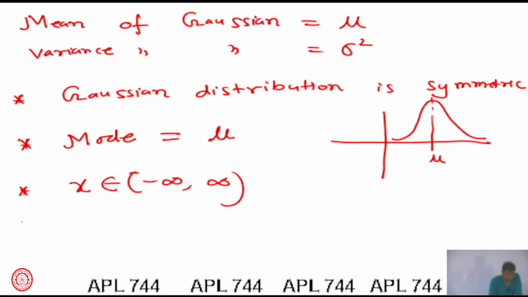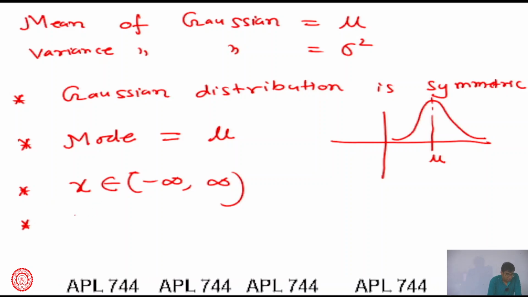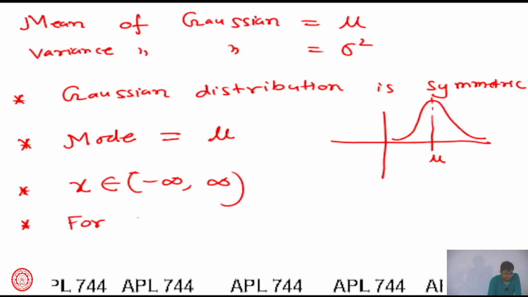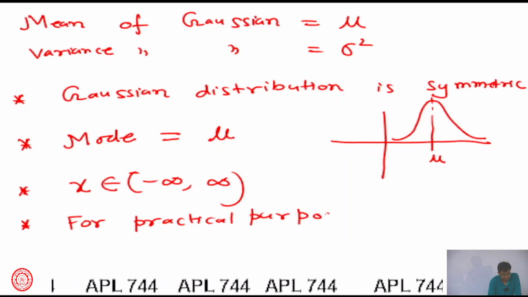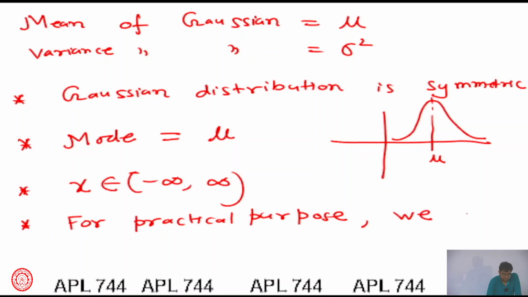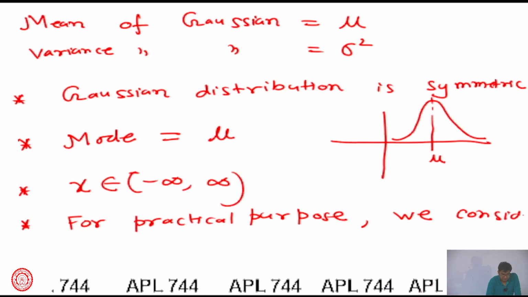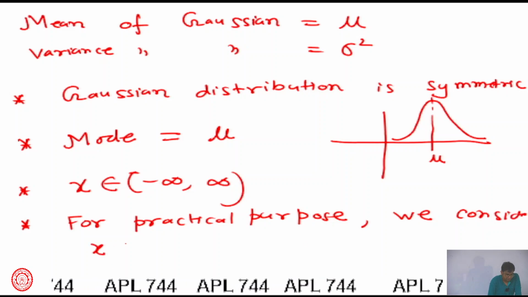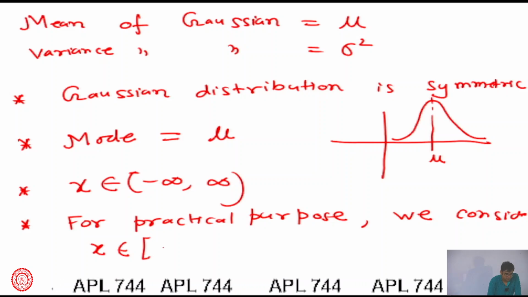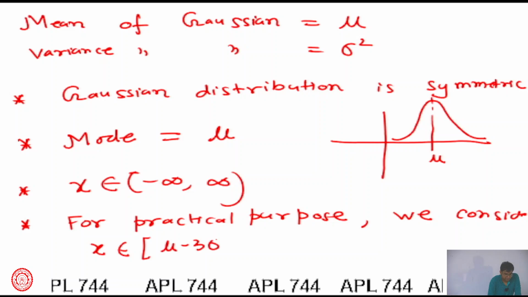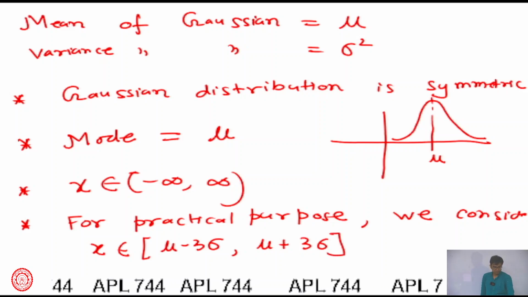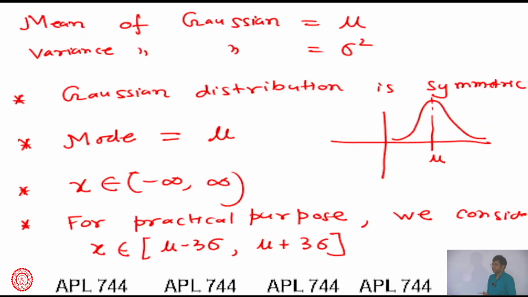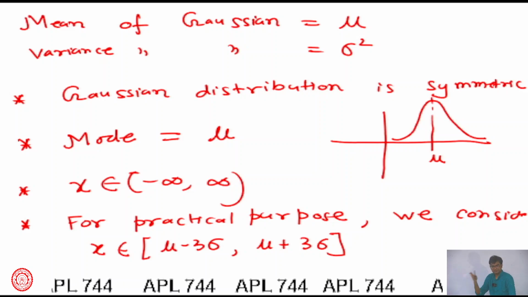So, for practical purpose, we consider x belongs to mu minus 3 sigma and mu plus 3 sigma. And we can consider that because, as I said, if you compute the probability, integrate between this range, you will find that it is quite high.